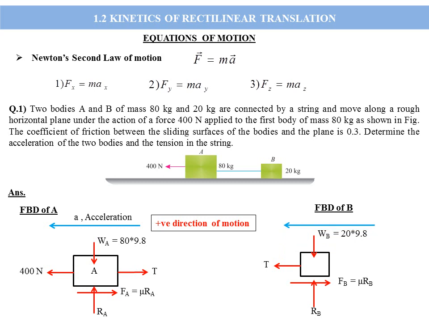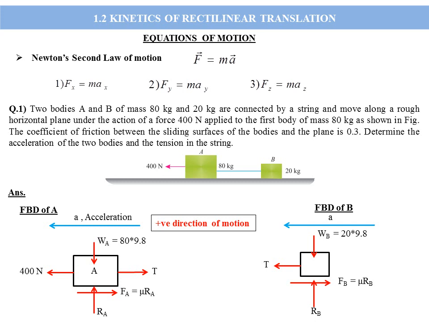Again here the body is moving in the left side direction, so acceleration A is the positive direction of motion of body B. Whatever the acceleration value of A is, it will be the same for B, since the two bodies are simply connected with a string.